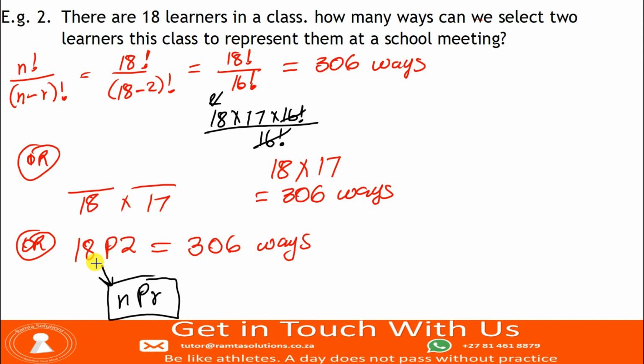You must make sure you find your nPr. So it'll be 18, shift whatever number it is, and then 2, and then equals. You will get this. Perfect. These are called permutations. Now going forward, I'm going to drop this, but when I feel like it, I will bring it back.